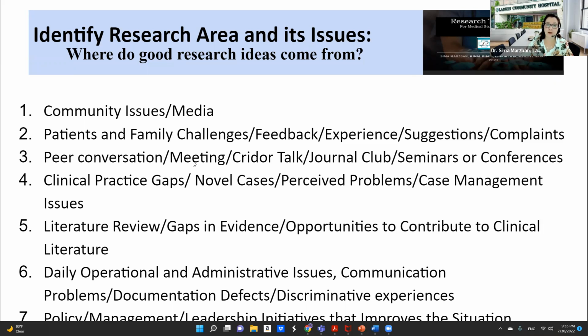Peer conversation, meetings, corridor talks, journal clubs, seminars, conferences, clinical practice gaps, novel cases, perceived problems, case management issues, literature review, gaps in evidence, opportunities to contribute to clinical literature, daily operational and administrative issues, problems, documentation defects, IT challenges, data challenges, discriminative experiences, policy management, and any type of initiatives that can improve the situation.